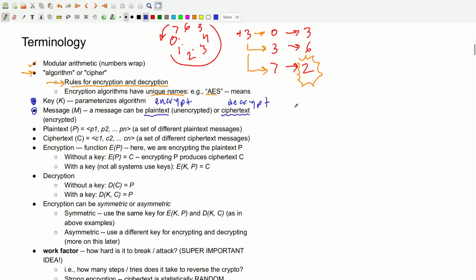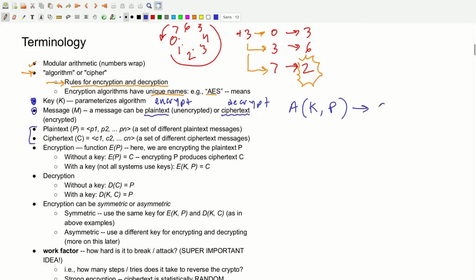And so if I have some algorithm A, I'm going to provide a key K and a message. And if this message is a plain text, we're going to get something encrypted. If you see these examples here, I'm going to call this message P for plain text to indicate that it's a plain text.